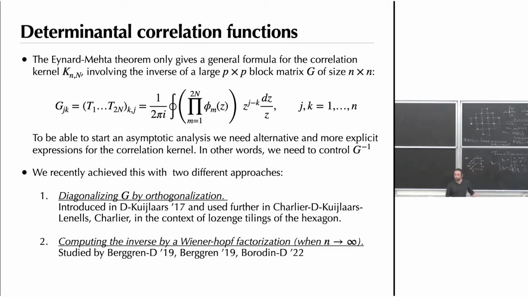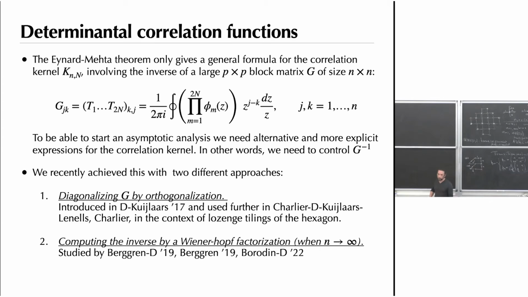But the problem with this matrix is that it's large, because n will be large. So there are two standard ways you typically do this. Either you try to change your basis, which is the orthogonal polynomial method: you start changing your matrix G by doing column operations and row operations to make sure that this matrix becomes diagonal.